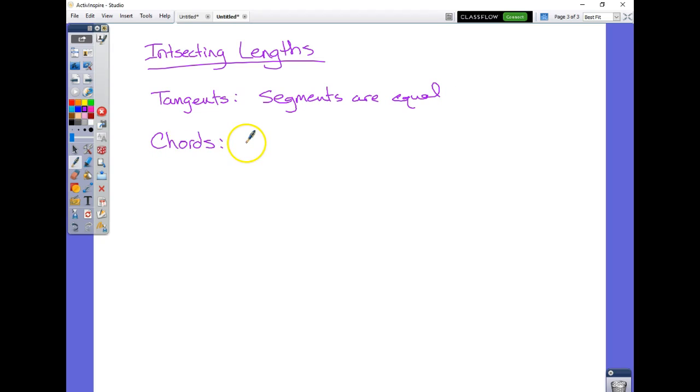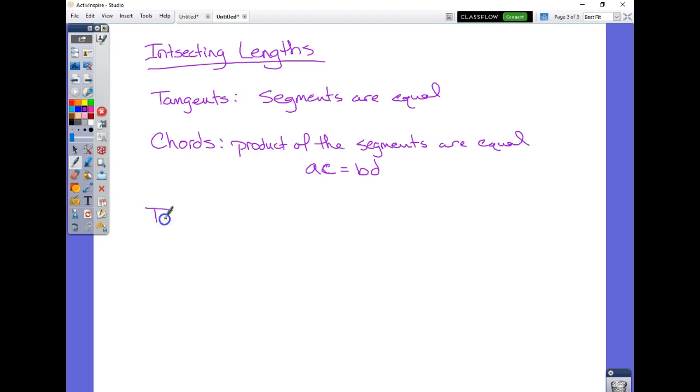If we talk about chords, then we say that the product of the segments are equal, or put mathematically, AC will equal BD.